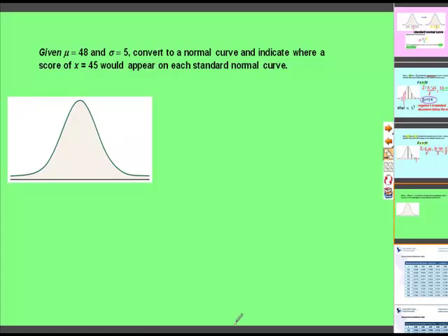Let's do one more just for giggles. If you're feeling pretty secure, pause this video and try it on your own. The z-score, x minus mu divided by standard deviation.